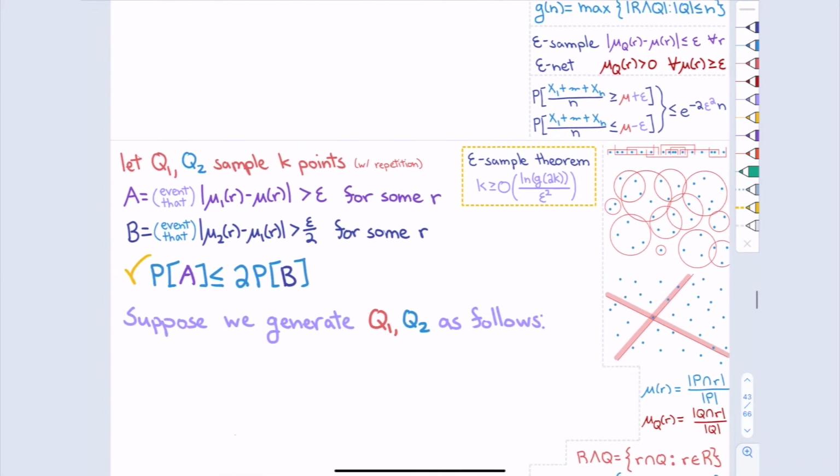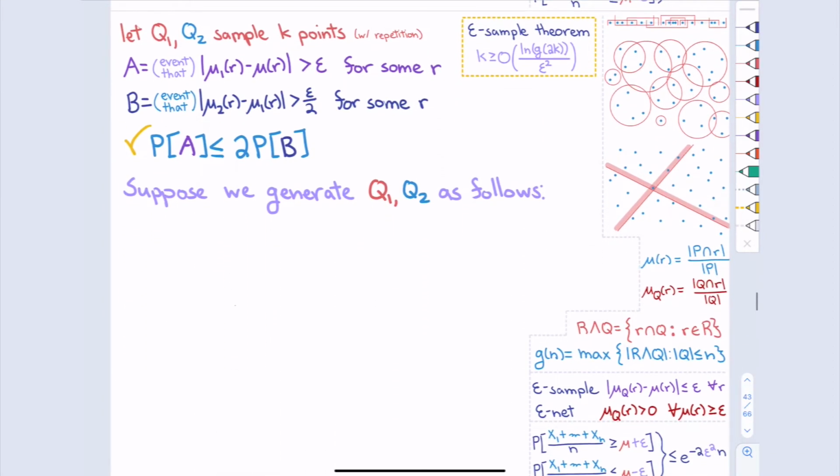Okay, so this part I think is kind of surprising. At least I think this is very creative. So we're going to imagine we generated our two samples, Q1 and Q2, in a particular fashion, where in the first step, we sampled 2K points with repetition. I'll call that Q0. So I sampled the total first.